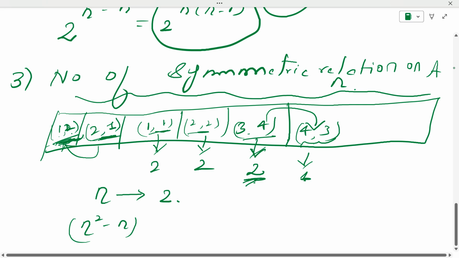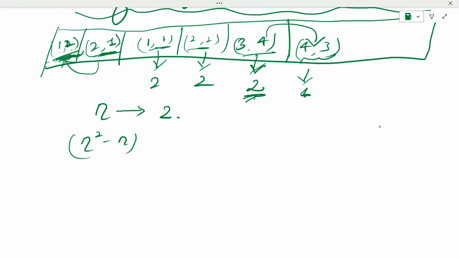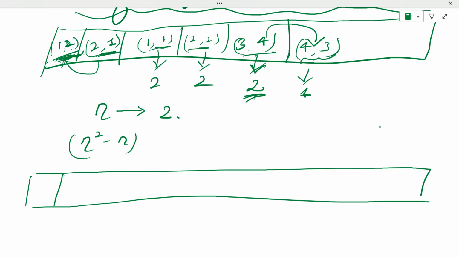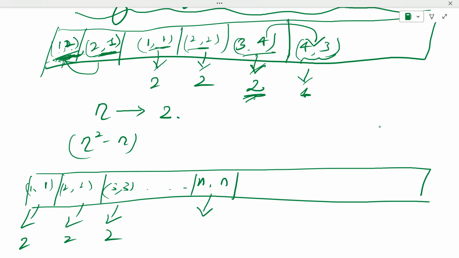So what happens in this case, if we talk about all together n square elements: for 1 1, 2 2, 3 3 and so up to n n, all of these can be present or cannot be present. So up to n we have 2 raised to the power n possibilities.